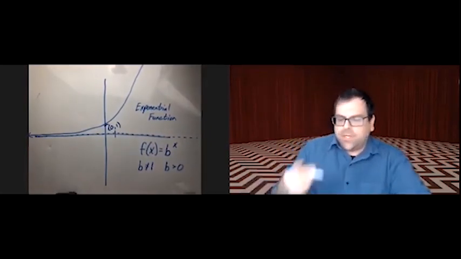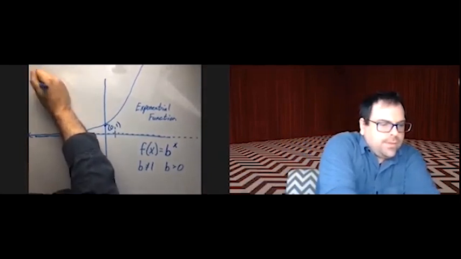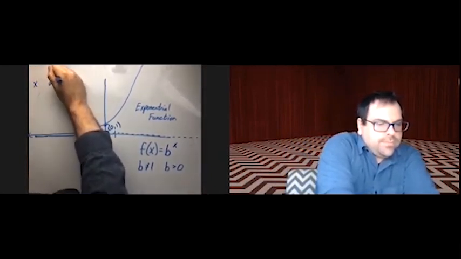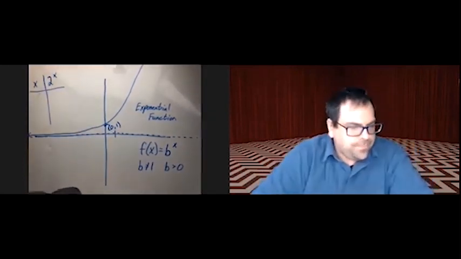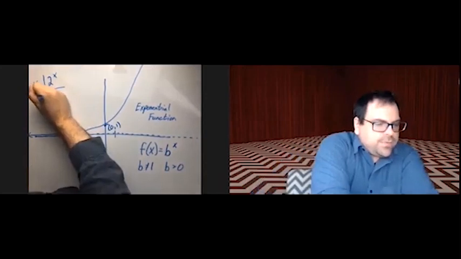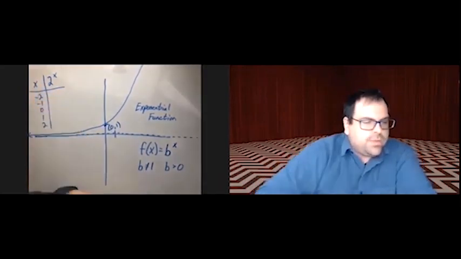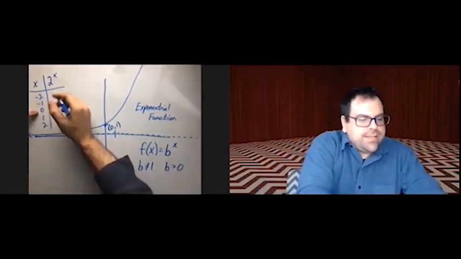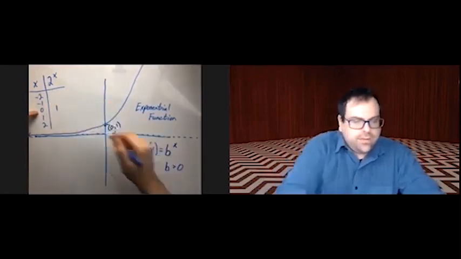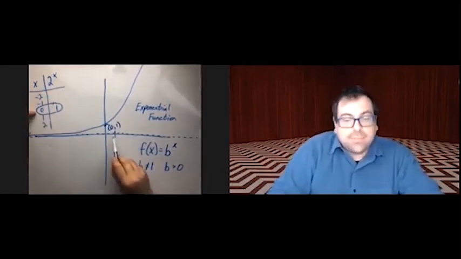But let's imagine it was 2 to the x, and for x equals -2, -1, 0, 1, and 2. Let's start with 0. Anything to the 0 power is 1. That's where we get our point 0, 1 that's always in the exponential function.